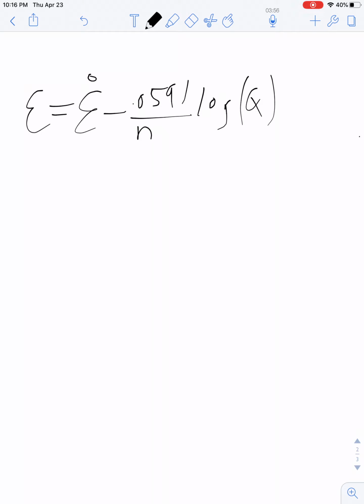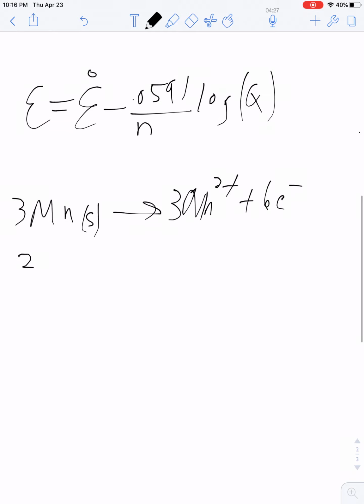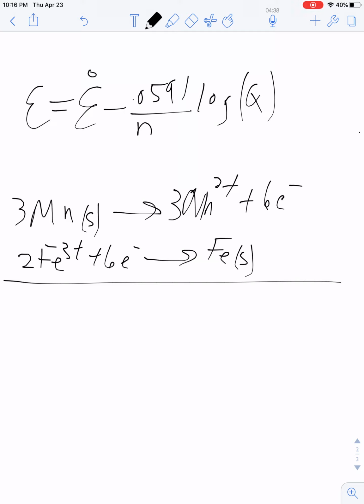So we had manganese, and we had iron. The overall reaction was this.